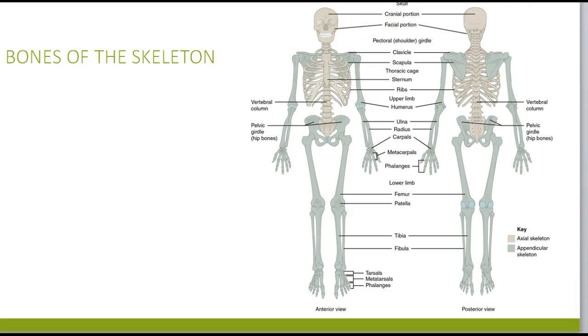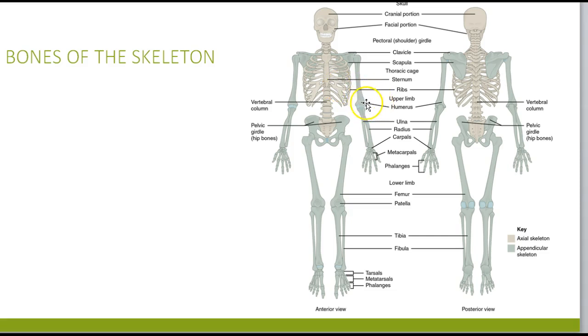Okay, so we've got the skull or the cranial, and then we've got the facial portion of the skull. You've got the shoulder girdle here, which includes the clavicle and the scapula, as we said. Clavicle here, scapula here. Then we have the sternum, which is what the ribs are attached to via the cartilage. Okay, got our ribs.